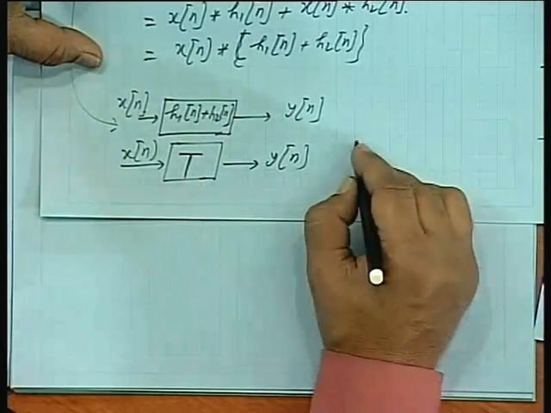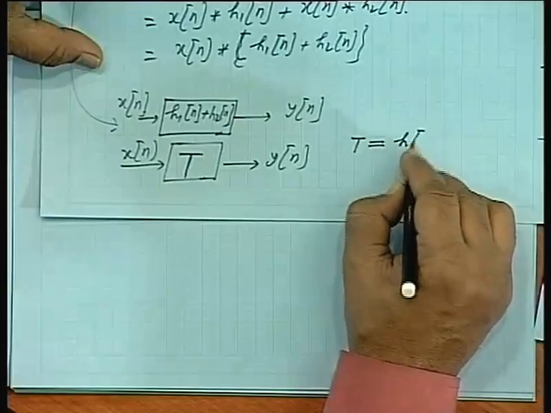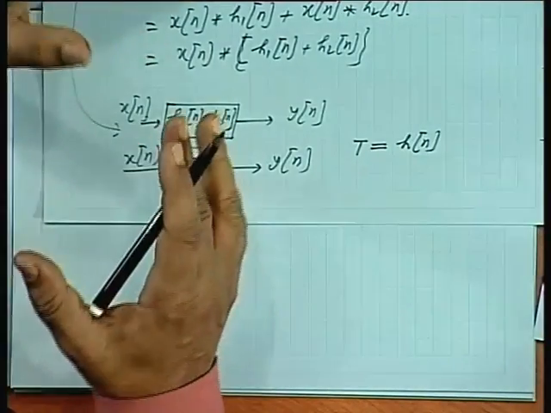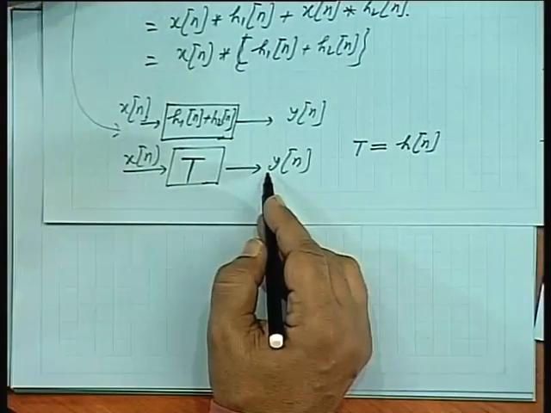So, T is nothing but this sequence. Hn is one representation, T is the system, all right. We call it in general a filter. Anything, any system is a filter. Need not be one of those standard ones, but anything, any system is trying to alter the input and give you a corresponding output Yn.